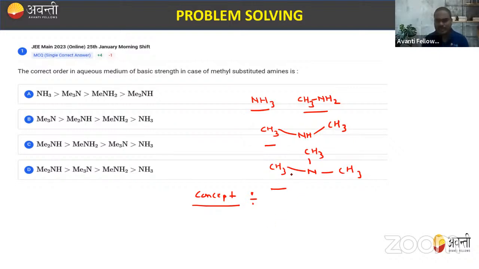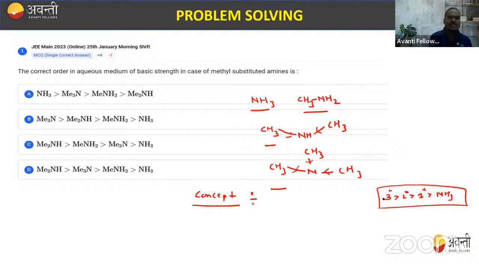We can easily understand this: in a tertiary amine we have the maximum number of electron donating groups, and after this, secondary. So the order is 3 degree, 2 degree, 1 degree, and then comes ammonia. This is the order of basicity in non-aqueous medium, if no aqueous medium is present.